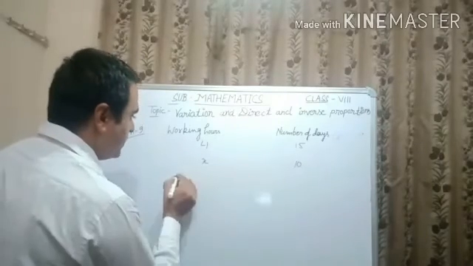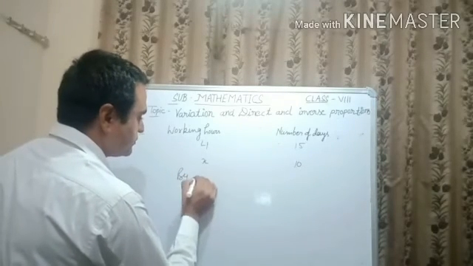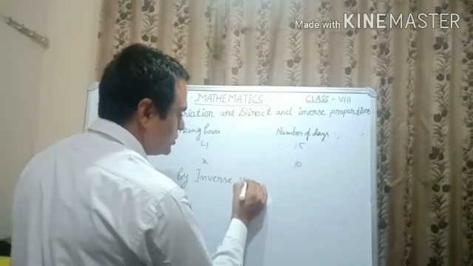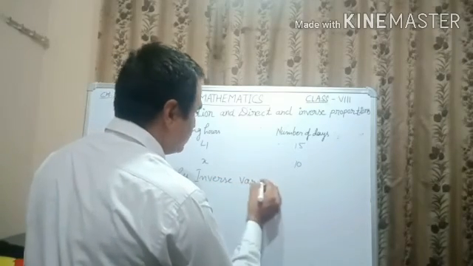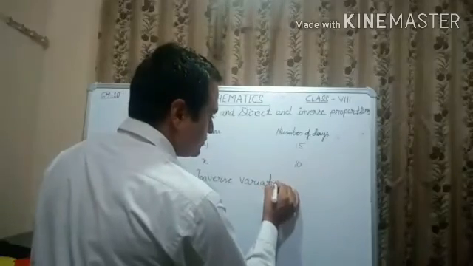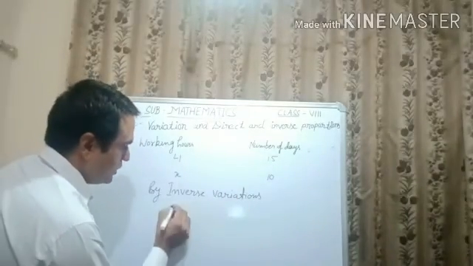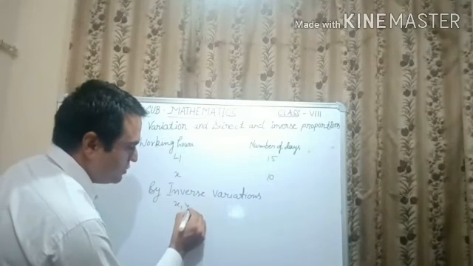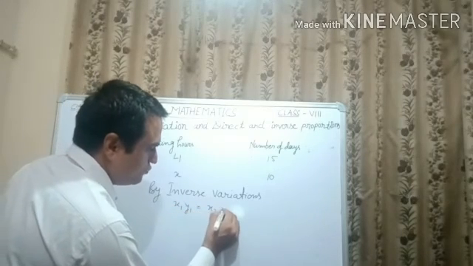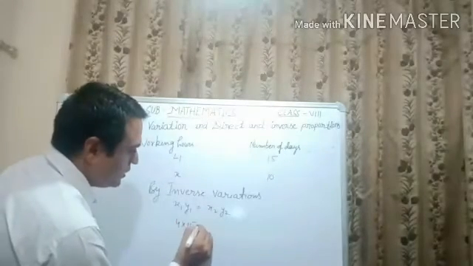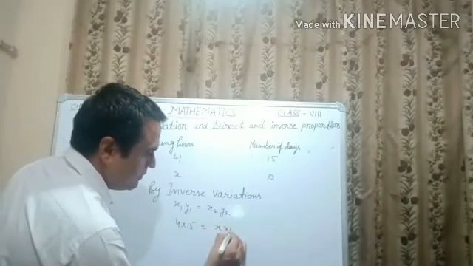Now by inverse proportion, or variation, you can use the same words. By inverse variation, we use the formula x1 y1 equals x2 y2. The value is 4 into 15 equals x multiplied by 10.